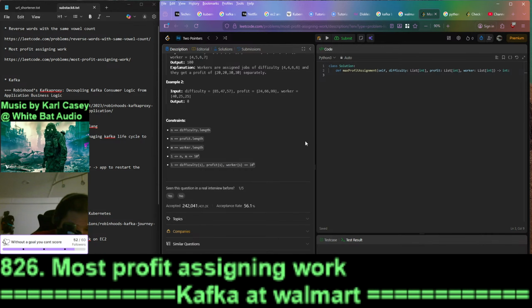If we don't sort them, as we look through this, it's basically O n multiplied by difficulty and profit the same, right?